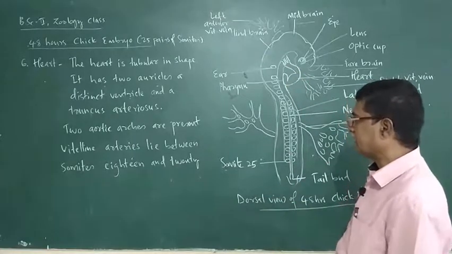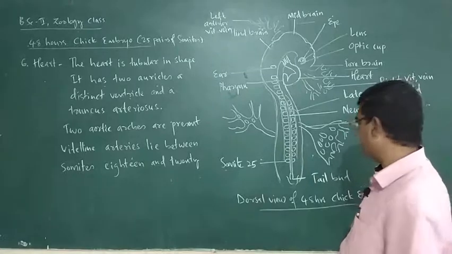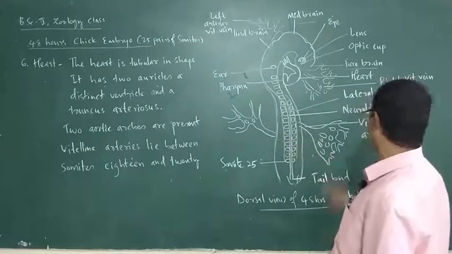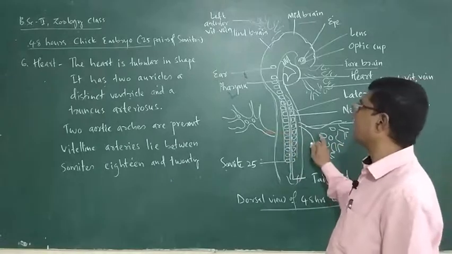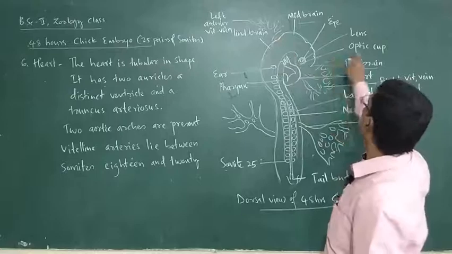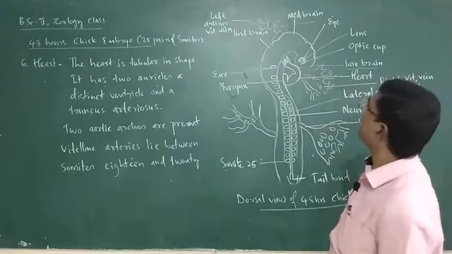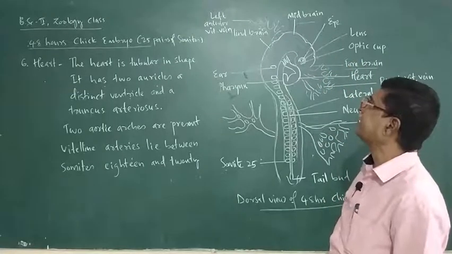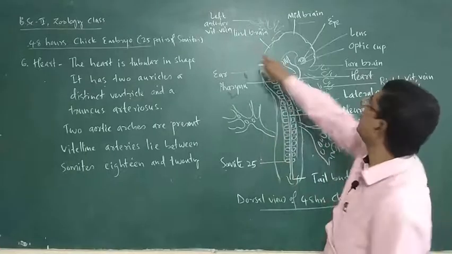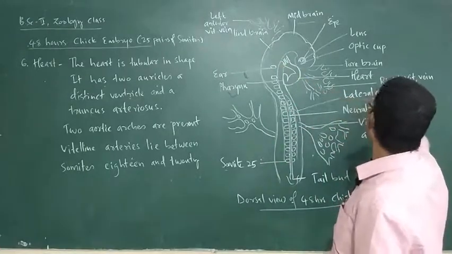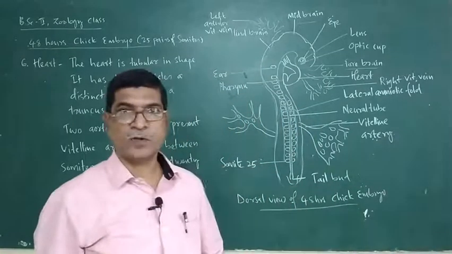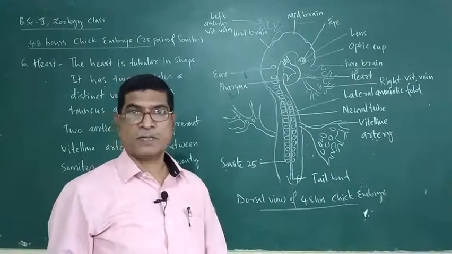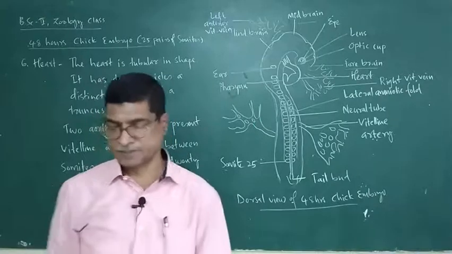Then the midline arteries lie between somites 18 and 20. These are the vitelline arteries, and these are the vitelline veins: the left anterior vitelline vein and the right vitelline vein. Okay, so this is about the circulatory system.